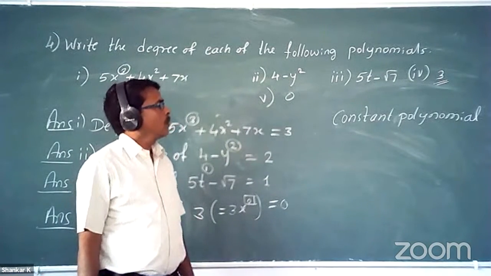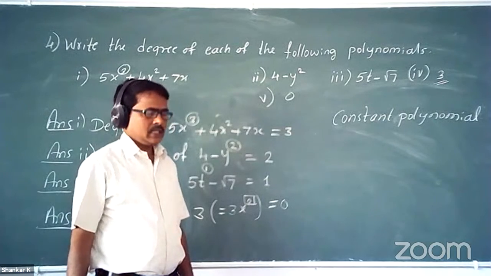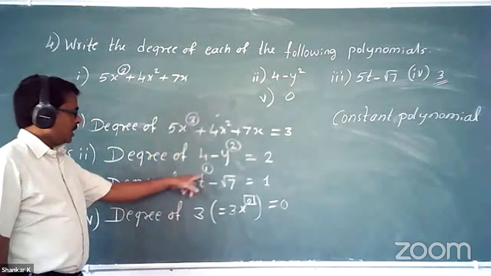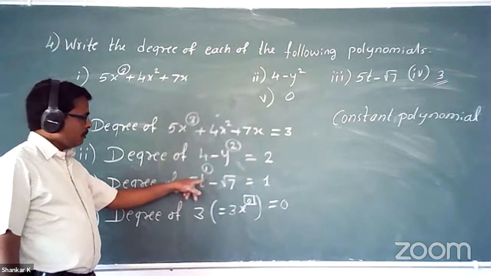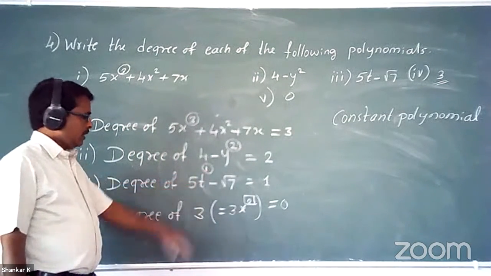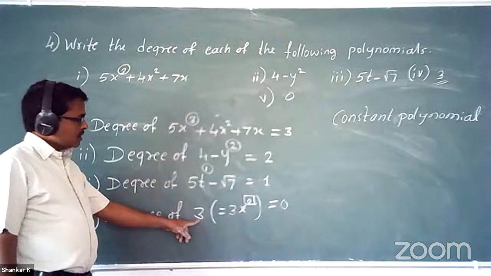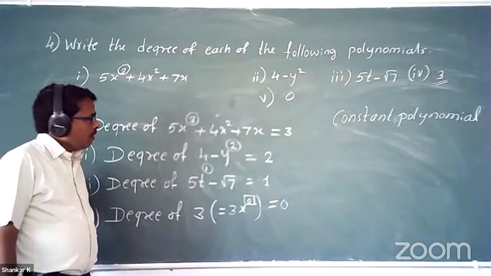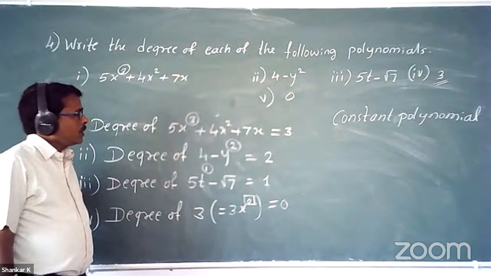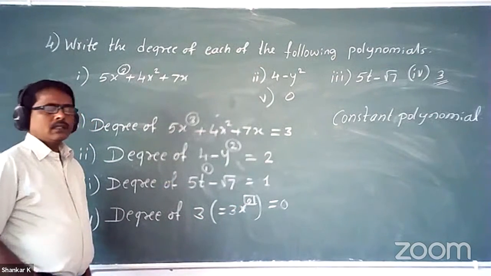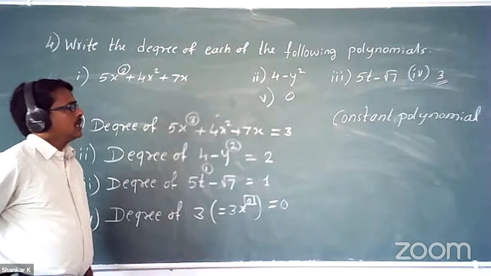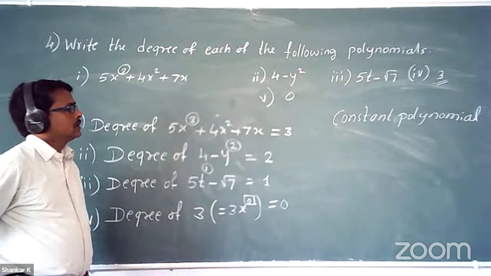How is it 1? In other polynomials, if a variable is there, the degree is 1, and for a constant term its degree is 0. But for the zero polynomial, what is its degree? Its degree cannot be defined. Correct?